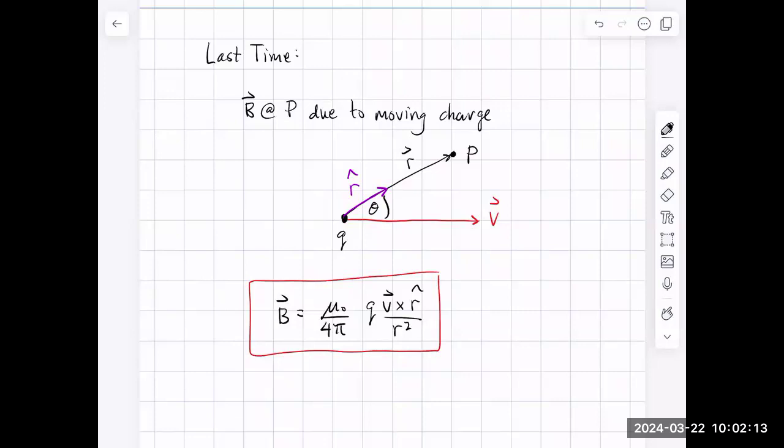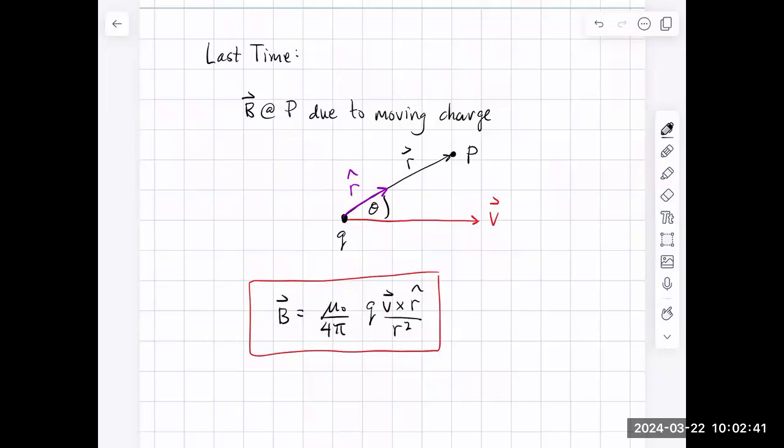It involved this cross product, V cross R hat. It's a funny result: the magnetic field direction will be perpendicular to both the velocity vector and the position vector R. So if those two vectors are in the plane of the screen, the magnetic field will have to be either out of the screen or into the screen.